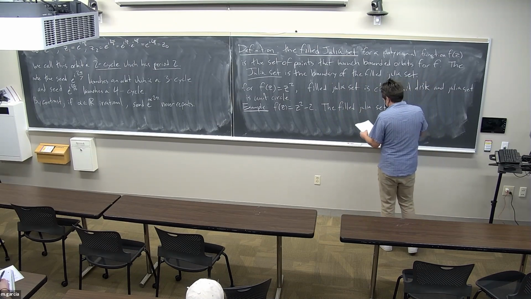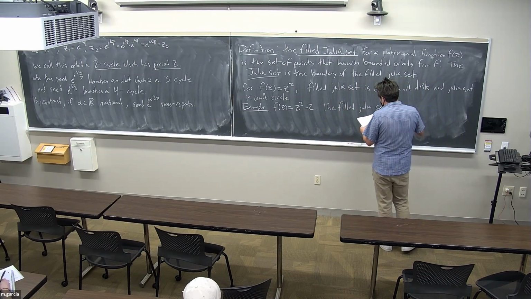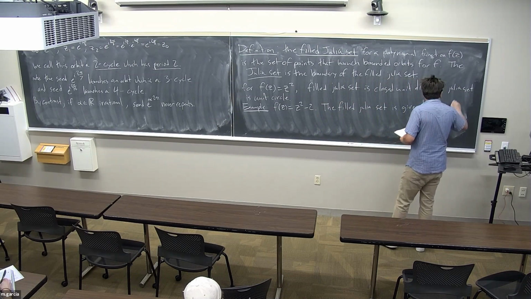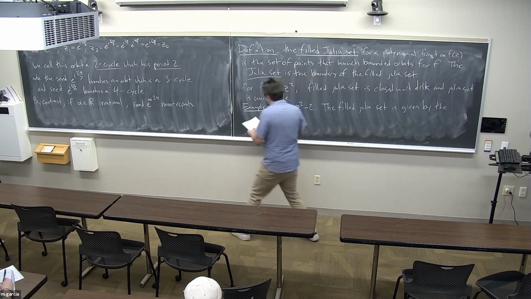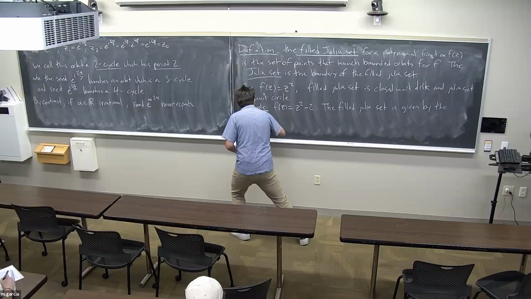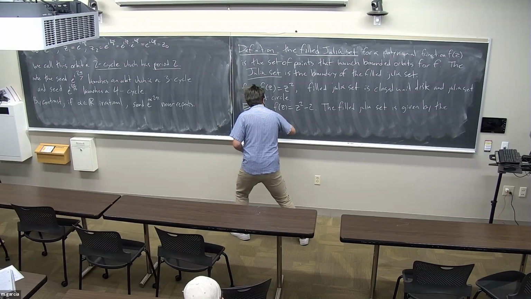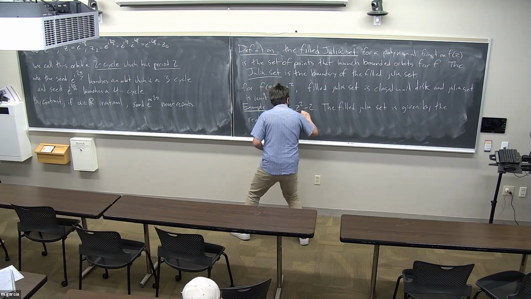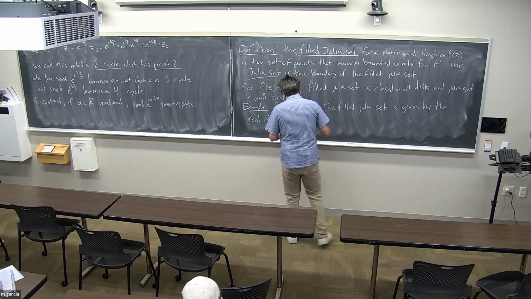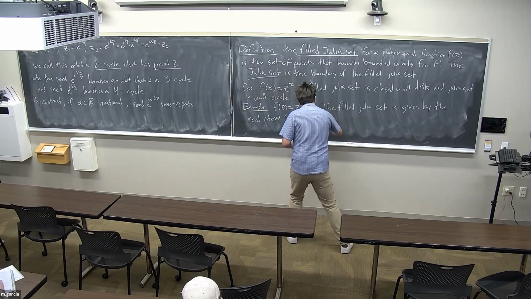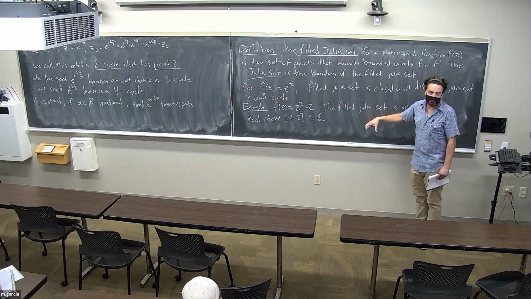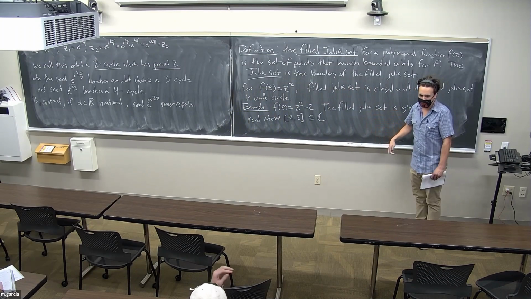The filled Julia set is given by the real interval [-2, 2], viewed as a subset of C. Just a little chunk of the real axis is the filled Julia set for this.